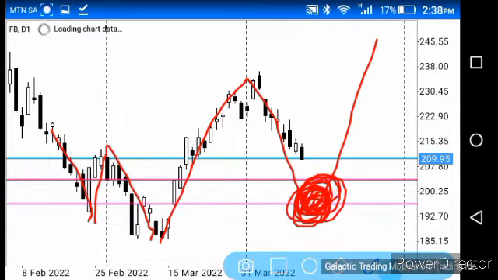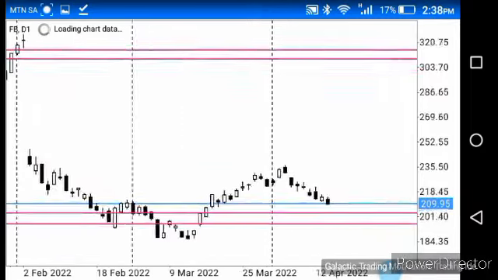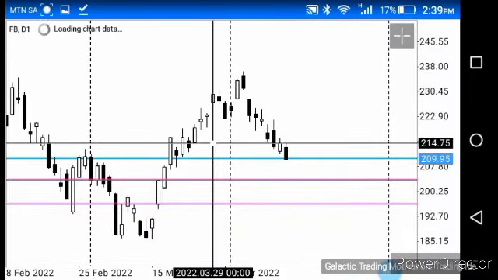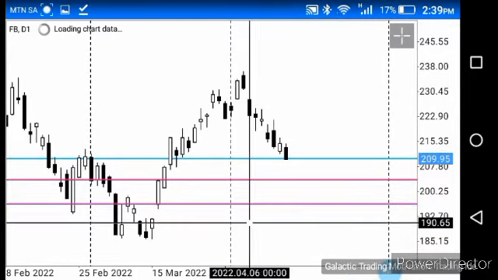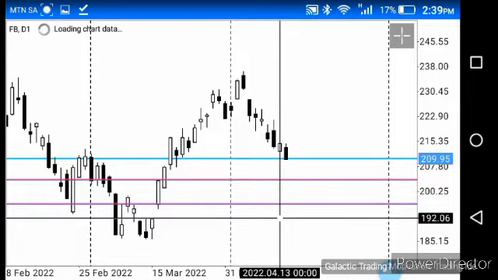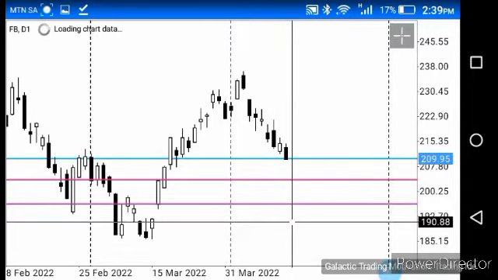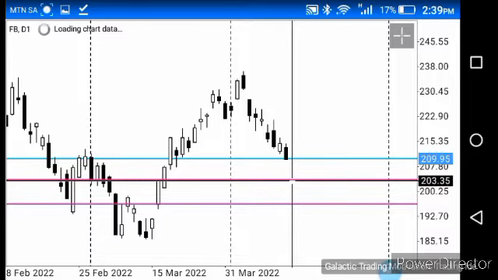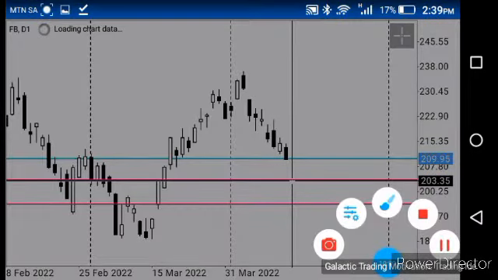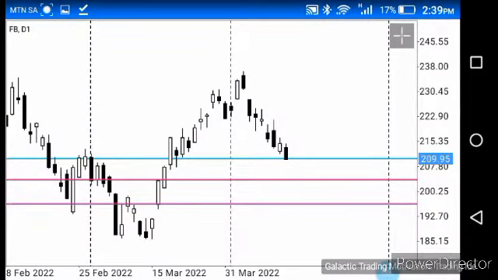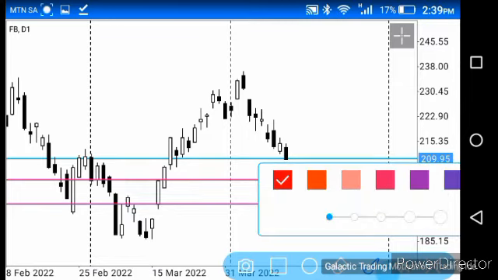Okay, let's continue. Another thing that's very important is that we have a gap over here, and price has to at some point fill this gap right at this level. As I said, there's a lot of liquidity that's stuck here. Let's continue. Another important thing to note is that we have an information on this particular chart, on the daily chart. I just want to change colors. Okay, I'll try this one.